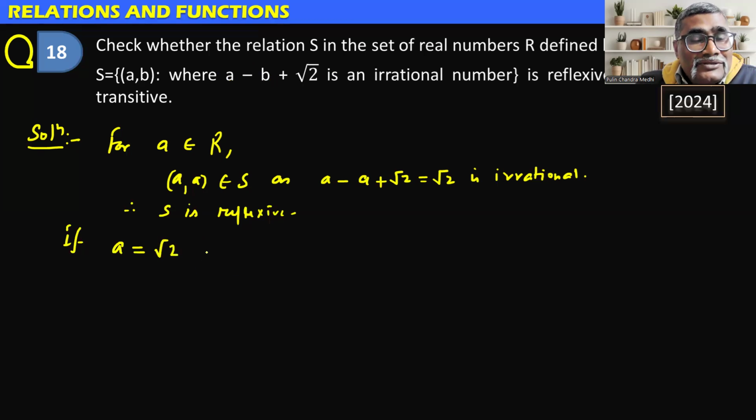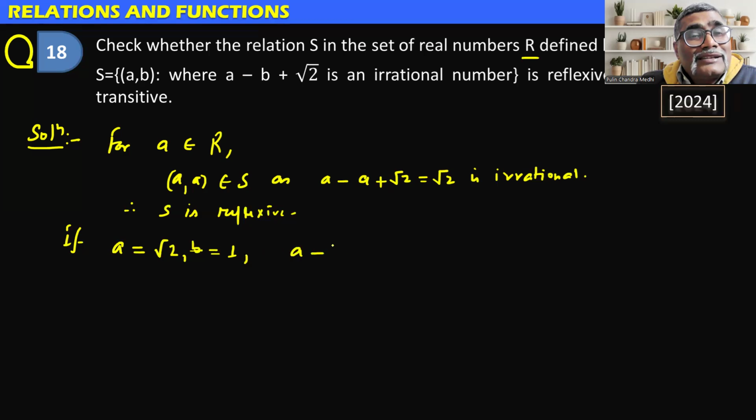This is root 2, right? And then, B equal to 1. I can take A equal to root 2 because I have to take A from the real numbers, right? B equal to 1.